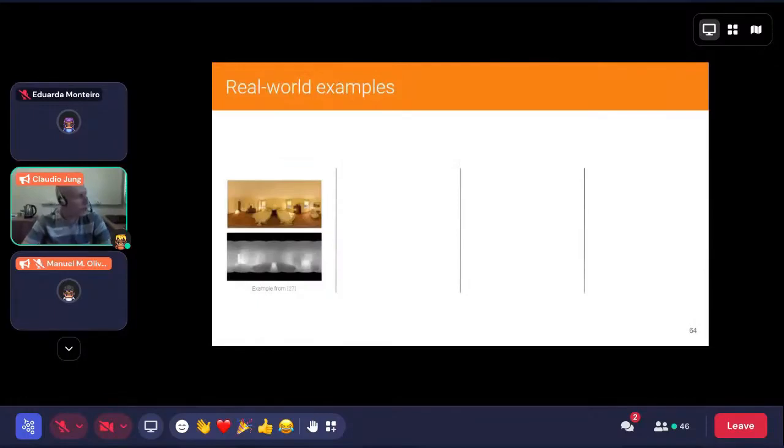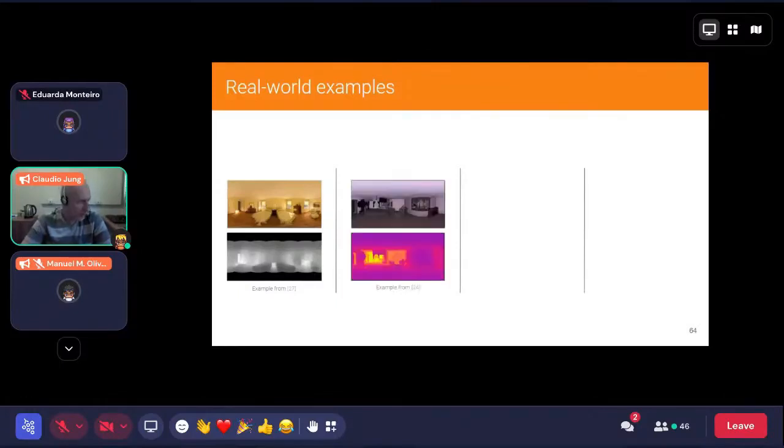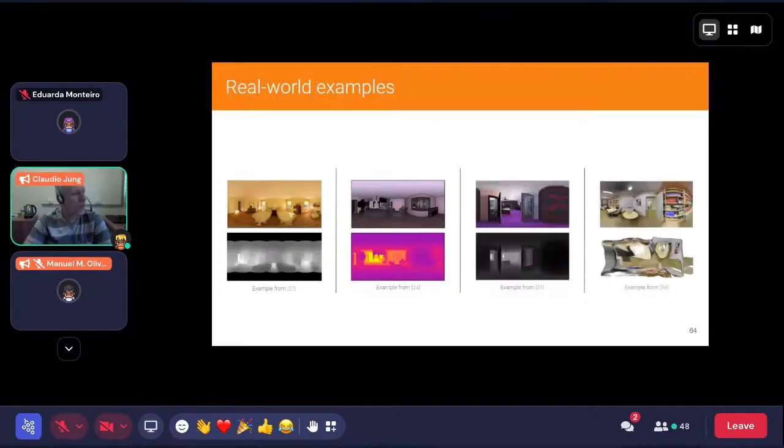So I'm showing some examples of different single panorama depth estimation approaches here. They are rendered in different color maps because they were extracted from the original papers. But overall, you can see what's going on.